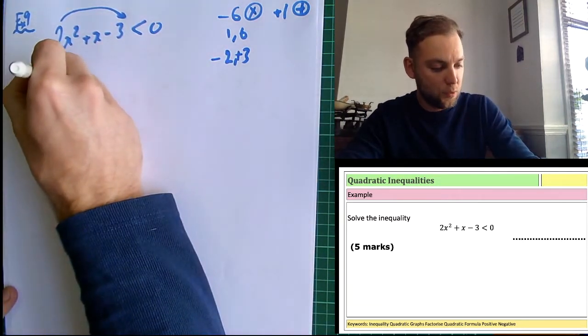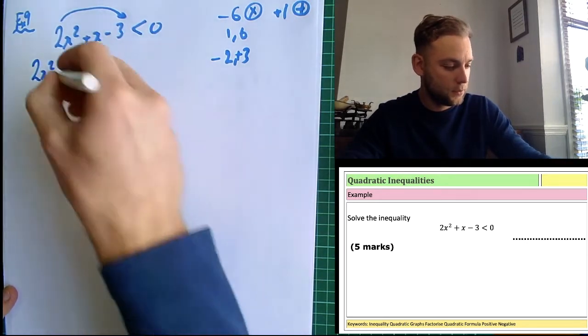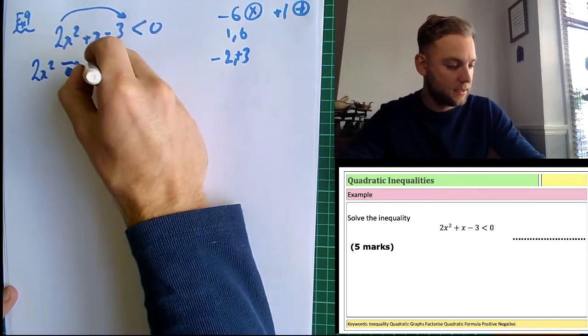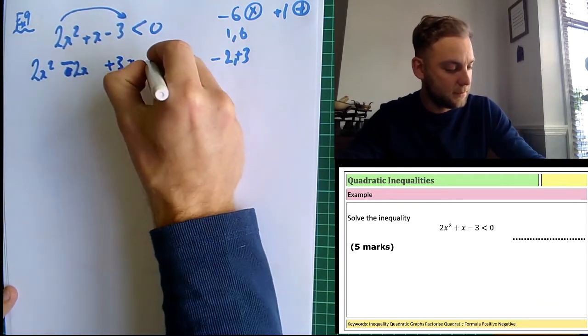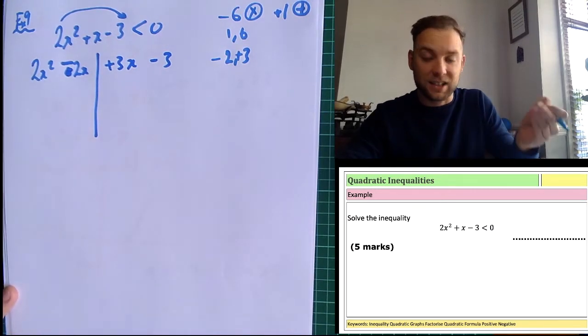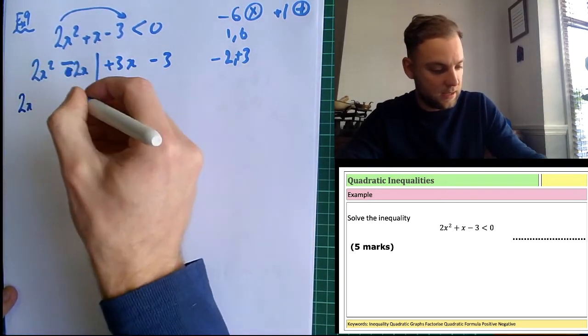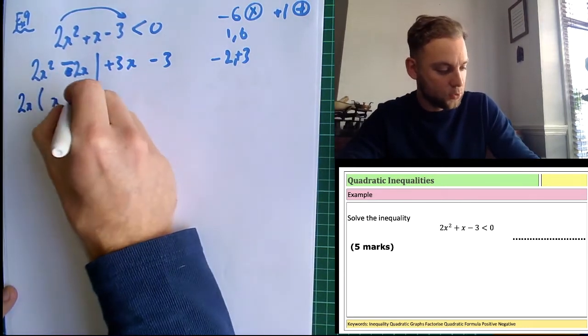So it's going to be 2x squared plus 2x minus 2x plus 3x minus 3. We split it up down the middle. We factorize each side. So I'm taking out 2x here, bracket. If I take 2x out, I end up with x minus 1.